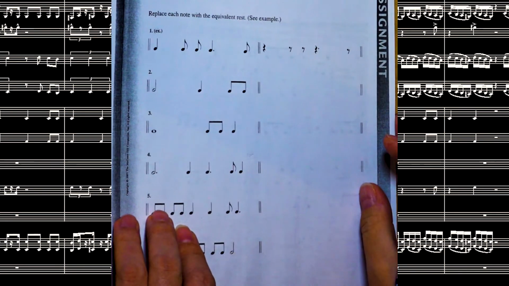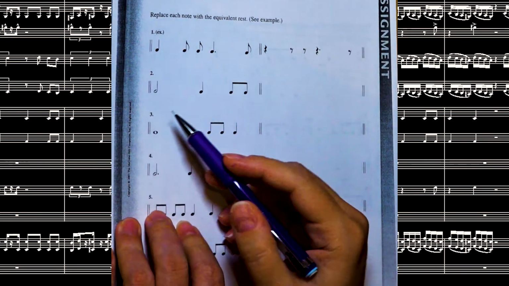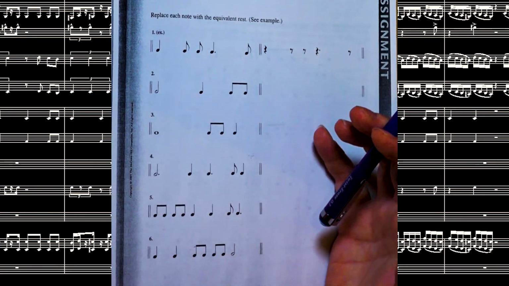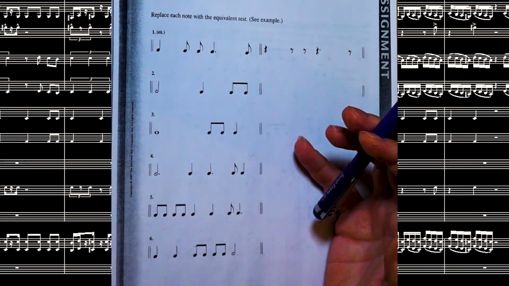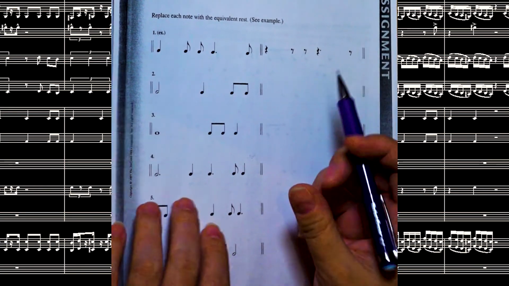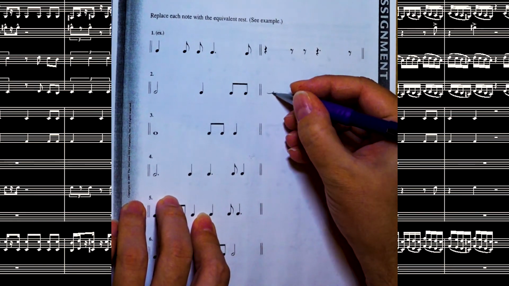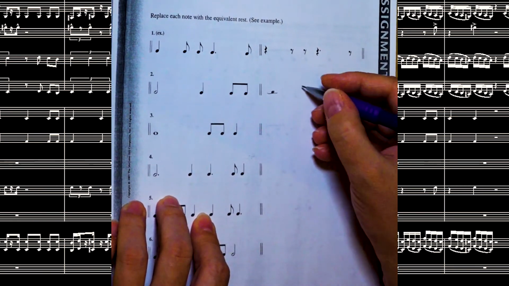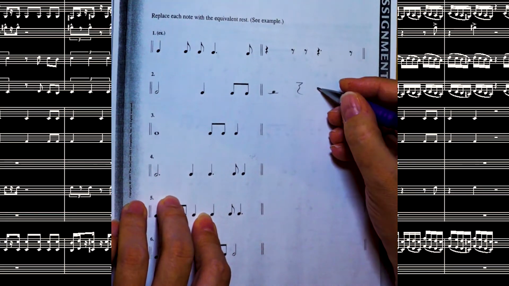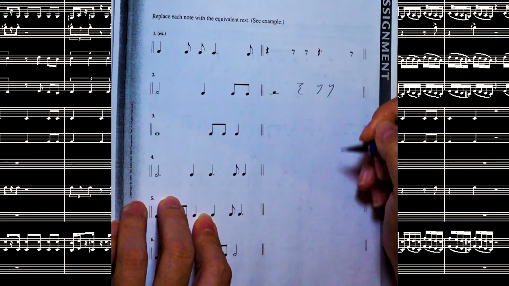All right. Now we're turning these into rests. So it's just a basic, perfect equivalent. If it's a quarter note, it's a quarter rest. Eighth note, eighth rest. All right. So half note, half rest, quarter rest, eighth rest, eighth rest.